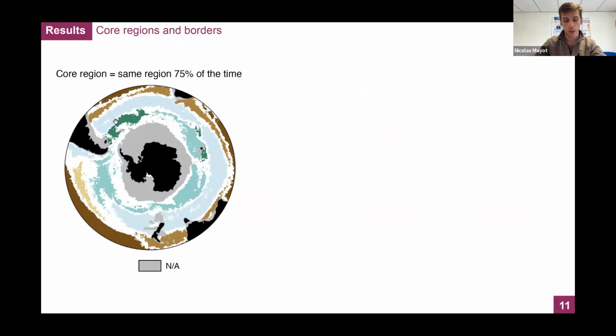And what I see is that these core regions are being separated by some borders here, where there's a transition zone, where the regions are changing a lot from one year to another. And so it looks like we have clear borders between each region, which are also stable over time. So we have core regions and borders that are stable each year.